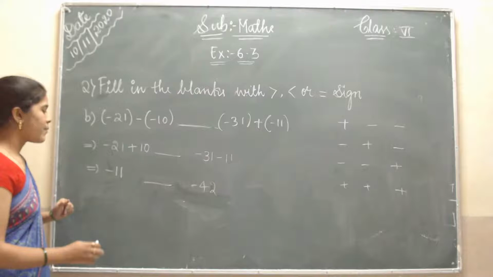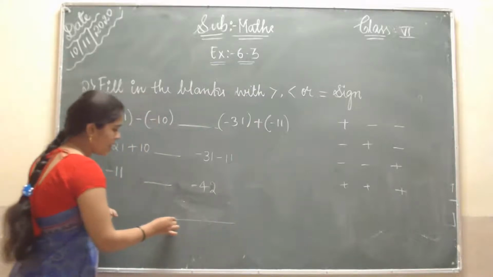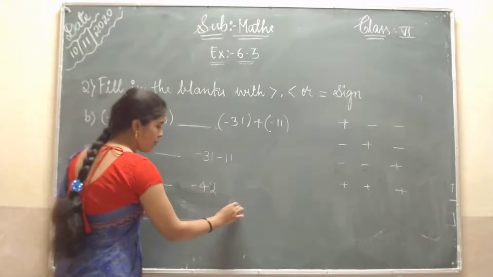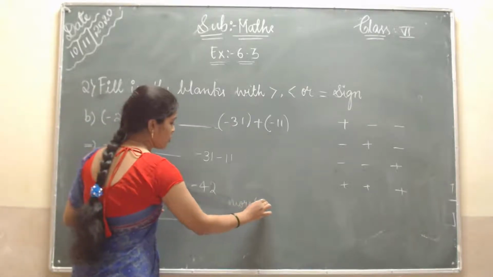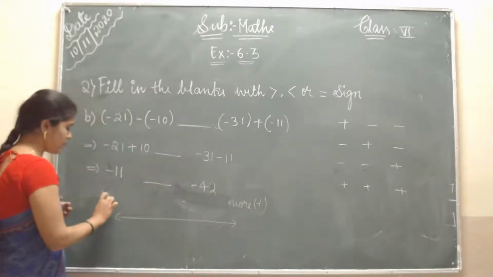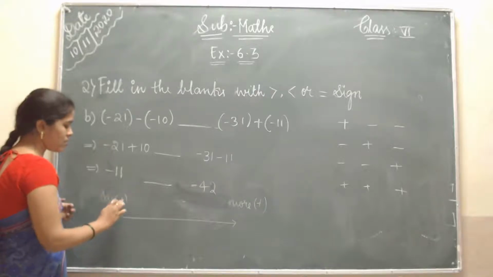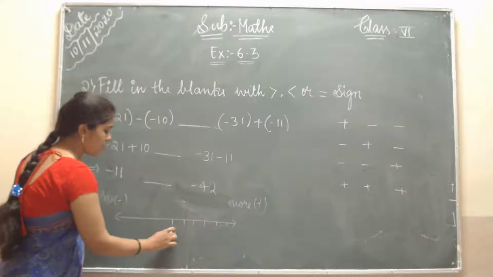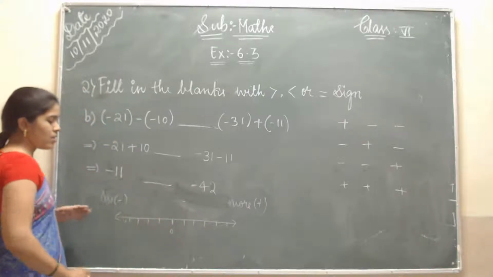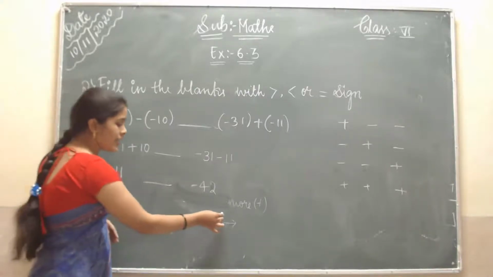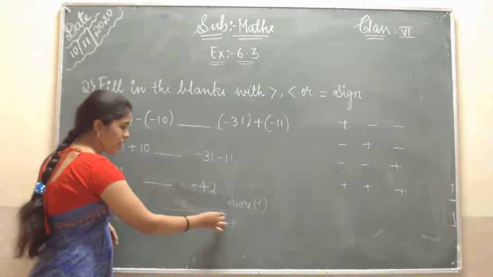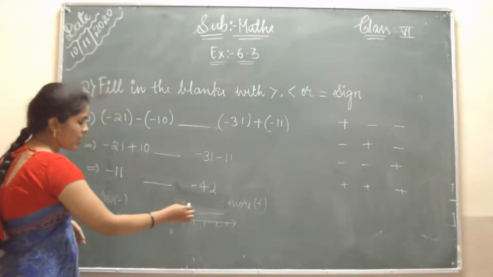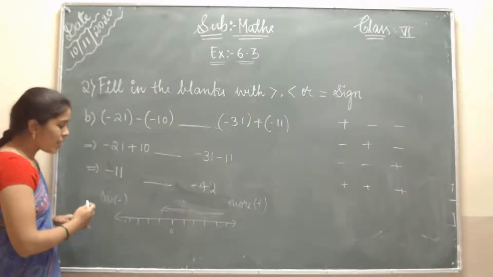Take the number line. Let me explain. Here are the greater numbers, the positive numbers, and here the lesser numbers, the negative numbers. All positive integers, the center is 0, and then all negative numbers. So the number line decreases from RHS to LHS.